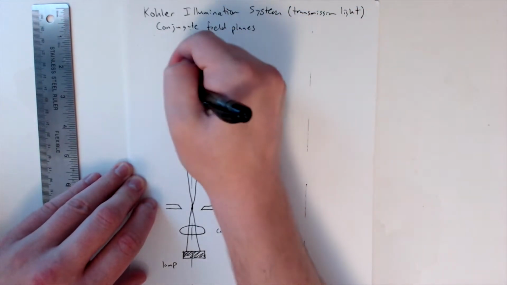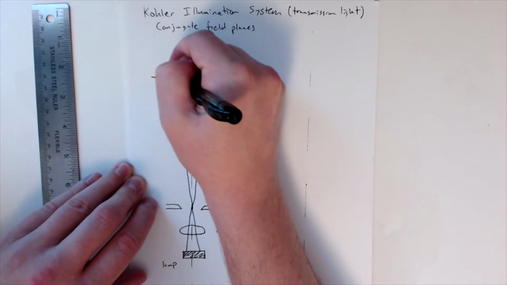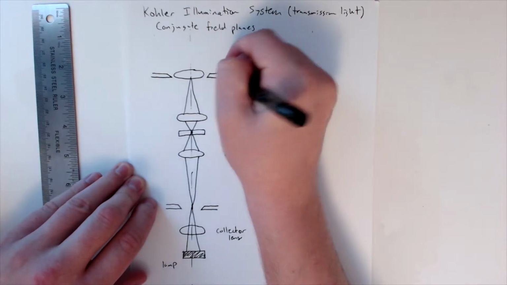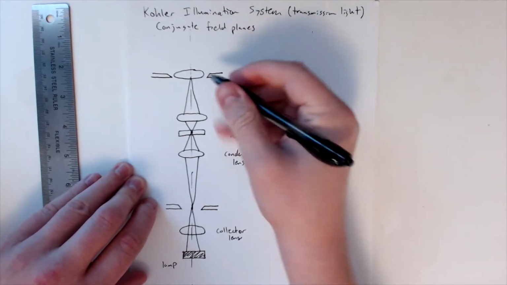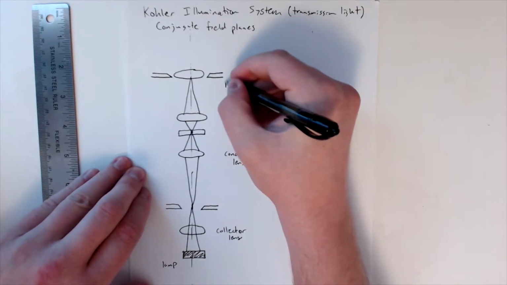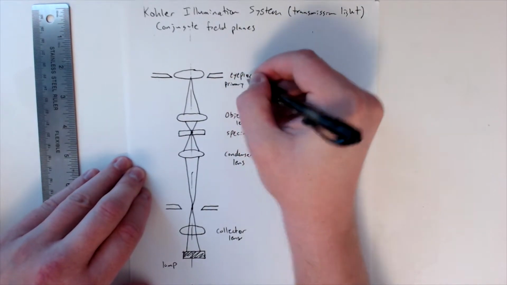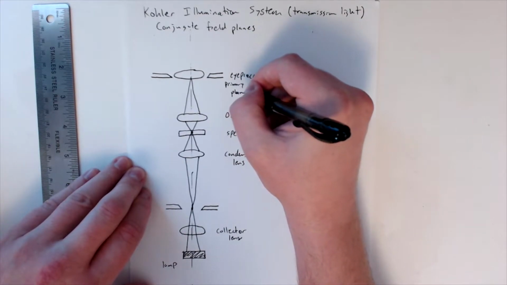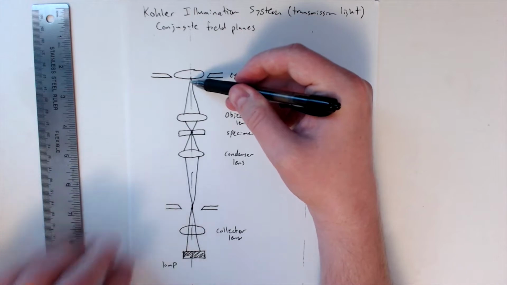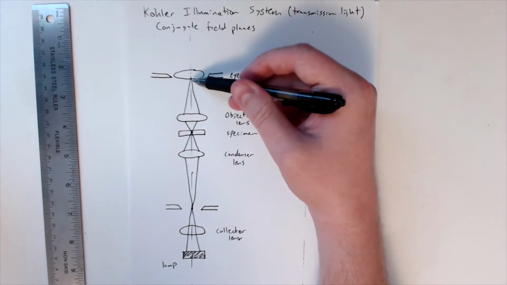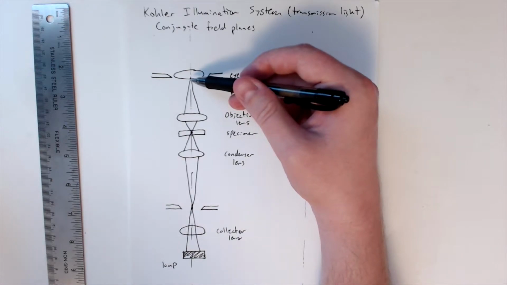Also, I'm going to draw it in, but we'll talk about it in a second. We have another aperture here at the eyepiece. So this is our image plane. That's where the objective lens is making this light converge to the image plane. So this is where we're forming that magnified image.